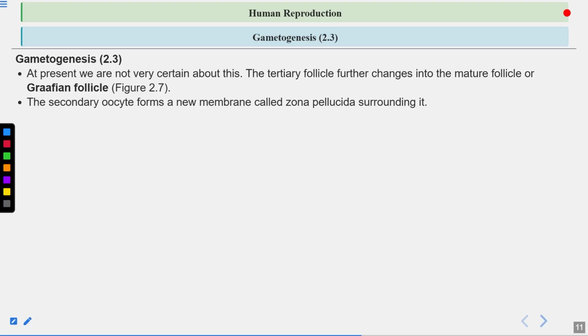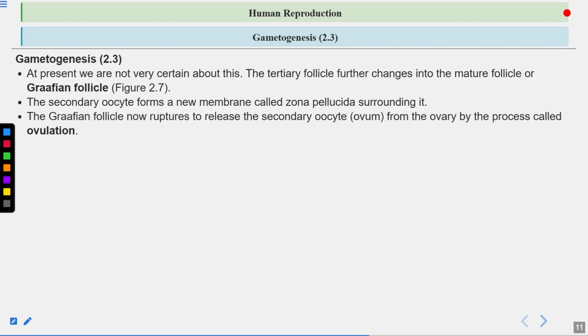Now, the secondary oocyte forms a new membrane called the zona pellucida surrounding it. Okay, so the secondary oocyte now starts developing a membrane. This membrane is known as the zona pellucida. Remember this. So there are many layers around the egg: corona radiata, zona pellucida. We will talk about this in our upcoming slides. So now the secondary oocyte forms a new membrane, which is known as the zona pellucida.